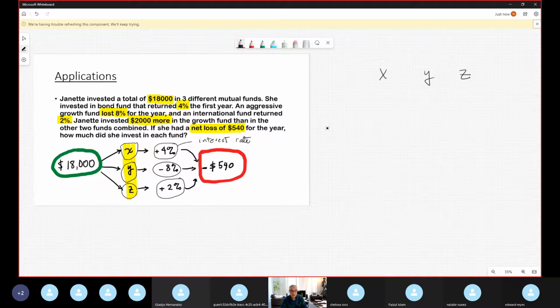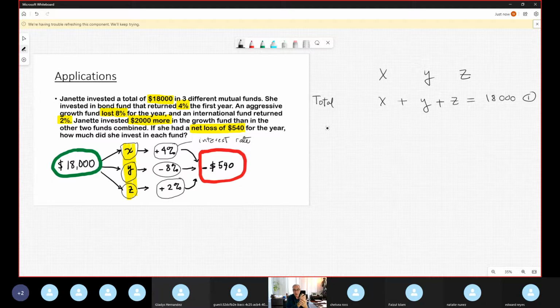The first one is the total money, and the total money in our problem is 18,000. So my first equation, guys, is X plus Y plus Z equals 18,000. Make sense? This is my first equation.